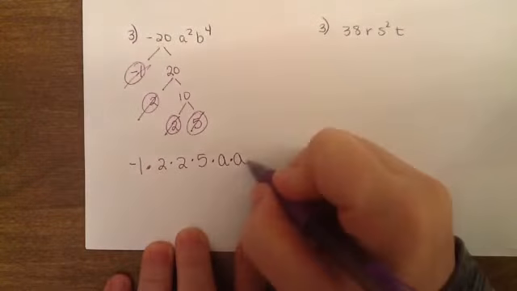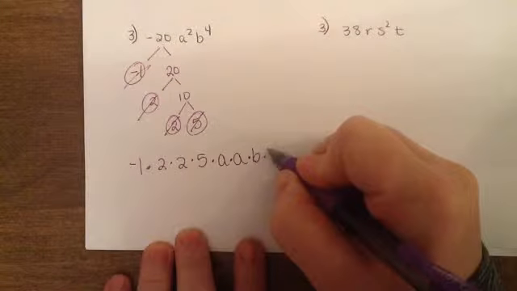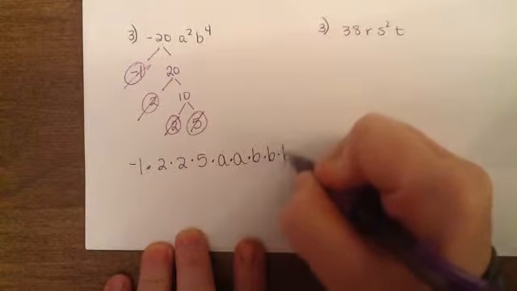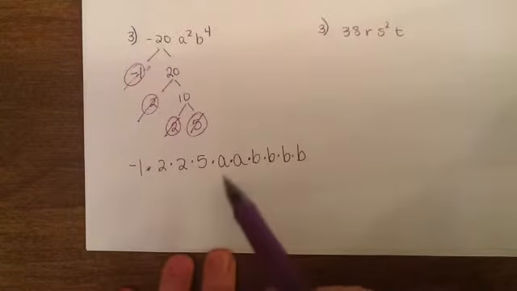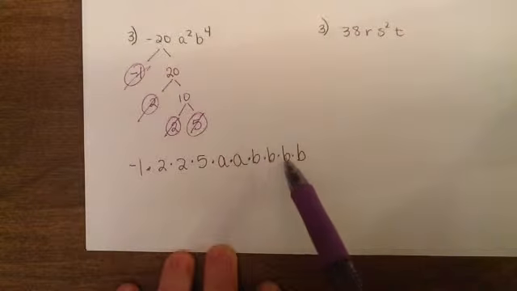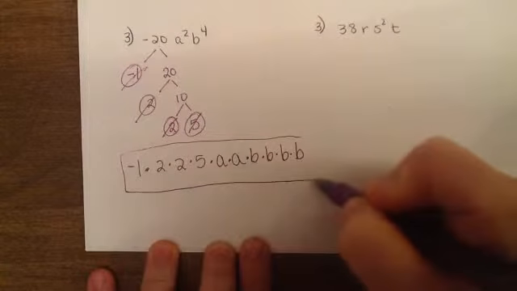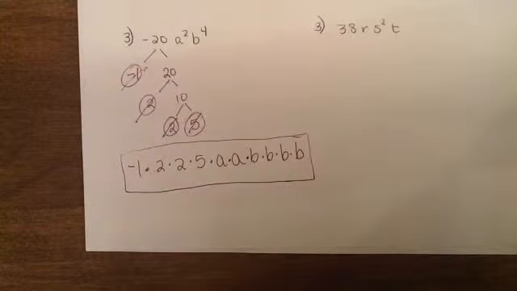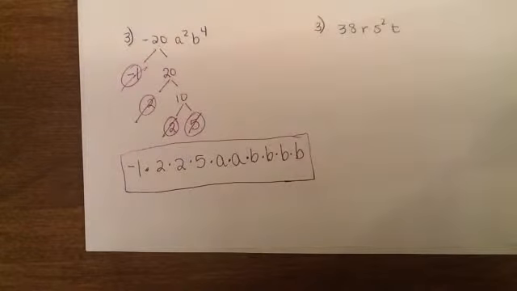What about b to the 4th? B to the 4th is 4 b's. Okay, so there should be no exponents. You're going to rewrite this as b times b times b times b. So all of this is our prime factorization broken down as basic as we can, and that is the same as -20 a squared b to the 4th.